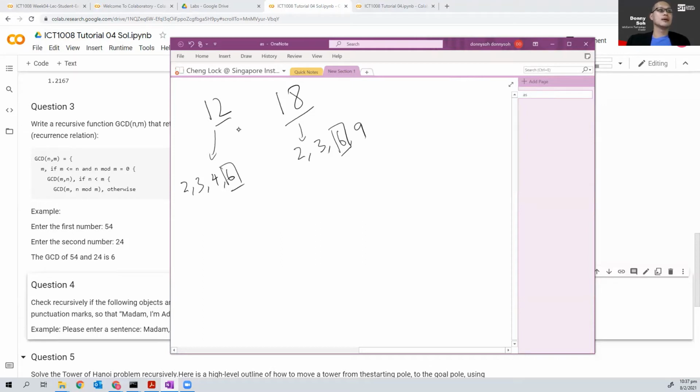Okay, let's look at the definition now. GCD has three conditions.